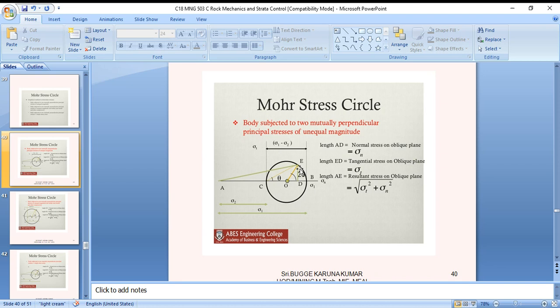So length AE can be calculated indirectly as the square root of sigma n squared plus tau squared. Sigma 1 is the major principal stress, and there are minor principal stresses. So these are the differences given. So for a body subject to mutually perpendicular principal stresses of unequal magnitudes, this is the representation here.